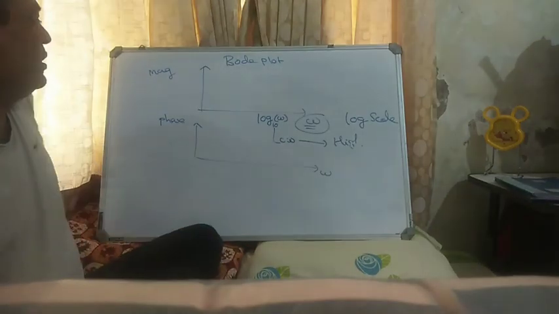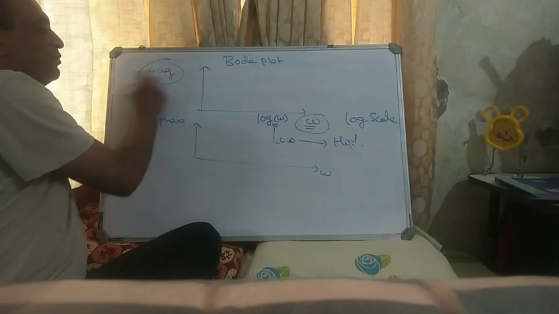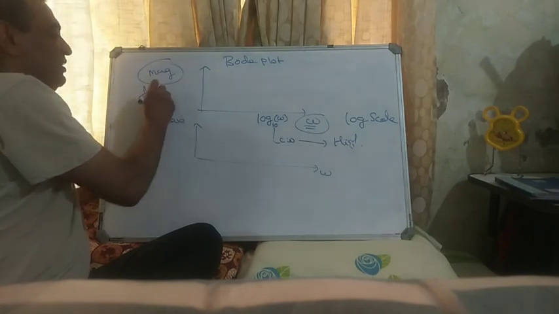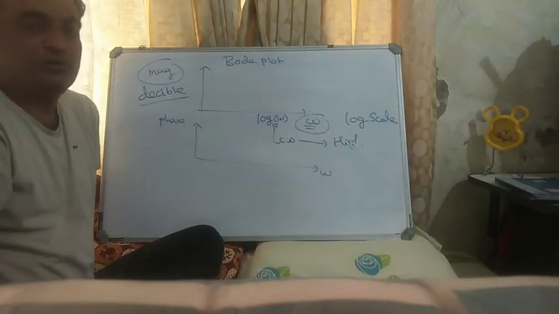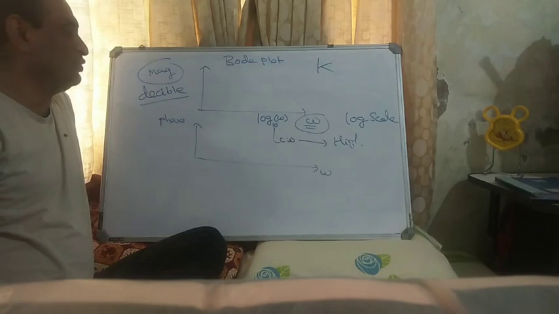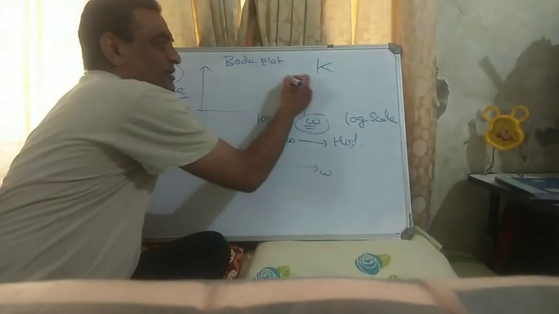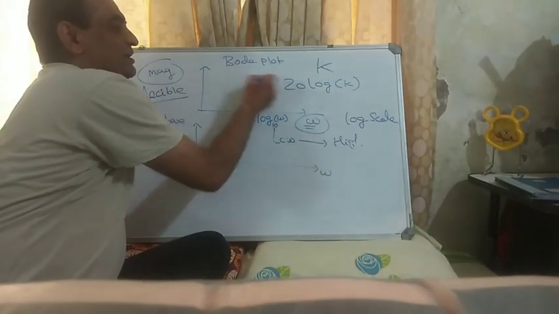Moreover, in terms of the magnitude, the unit of the magnitude is decibel. Any magnitude k can be converted into decibels as 20 log of k. So this is in dB.